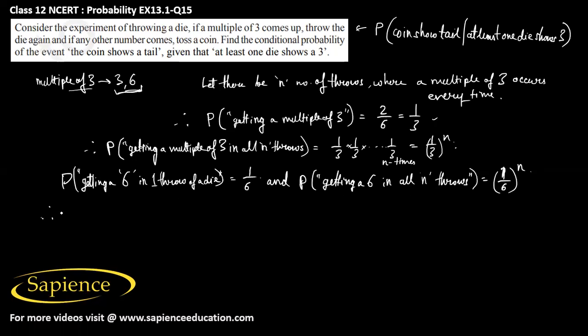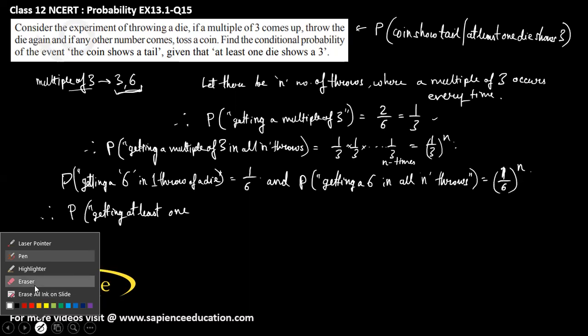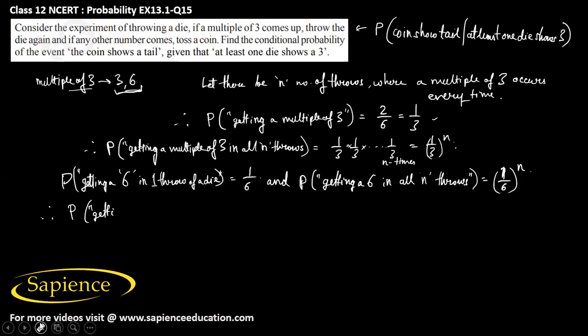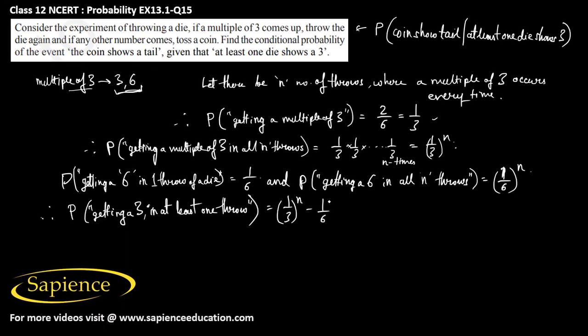So therefore, the probability of getting a 3 in at least one throw would be 1 by 3 whole power n minus 1 by 6 whole power n.